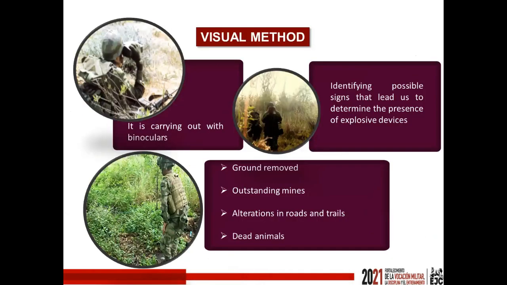So in the visual mirror, it's necessary to use binoculars or compact lenses for identifying possible signs that lead us to determine the presence of explosive devices, and is observed ground removed, outstanding mines, alteration in roads and trails, and dead animals.